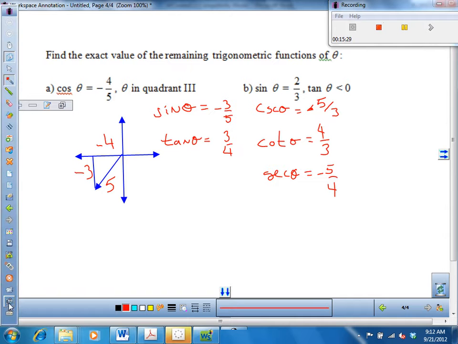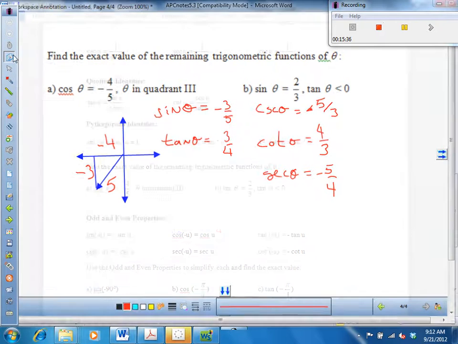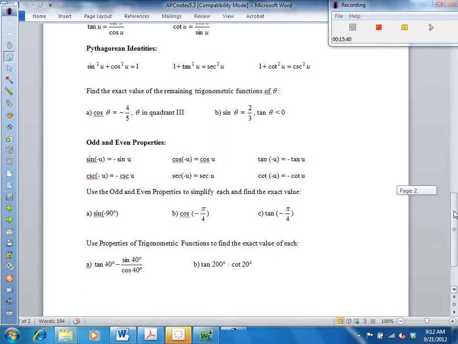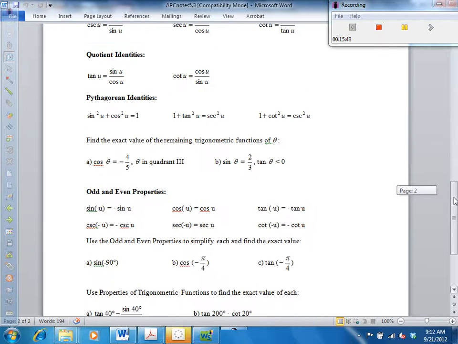The next one, with this next one, where was I? Here is where I was.